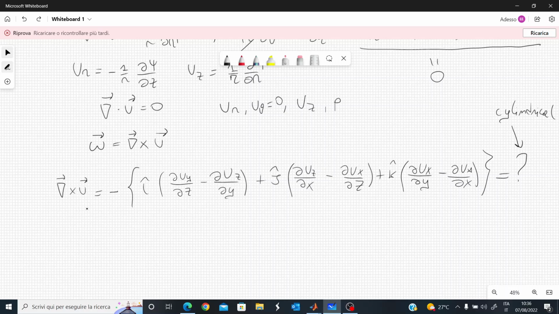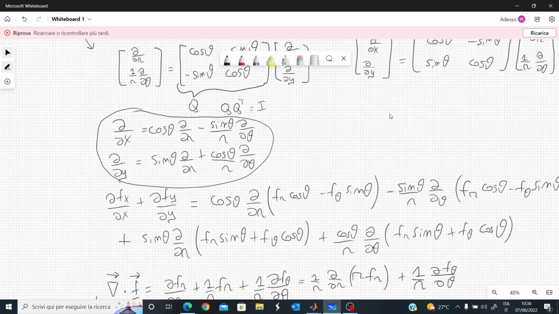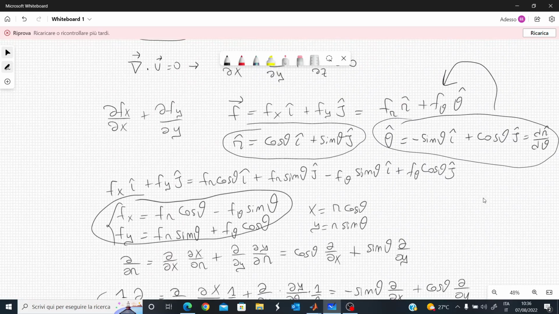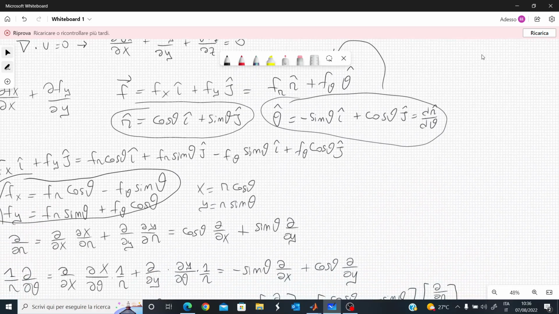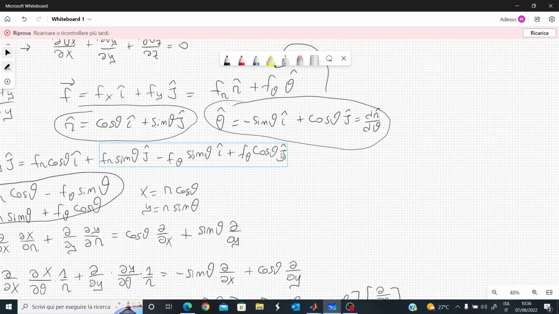Well, we can easily find i and j in terms of the unit vectors r and theta, because we found some relations earlier. You can see them here in particular. We have r and theta with respect to i and j.